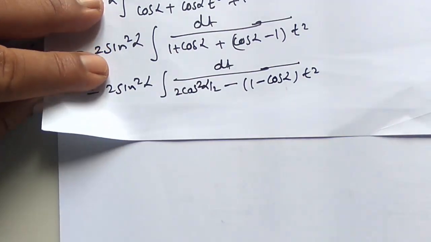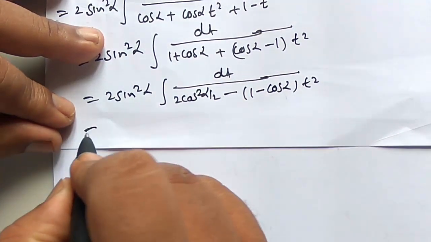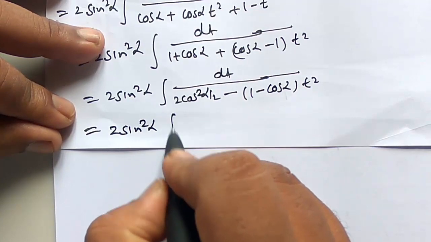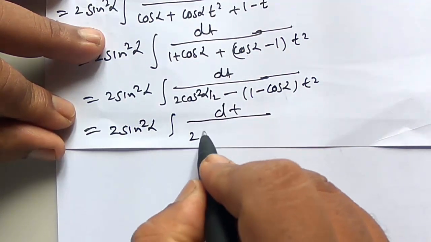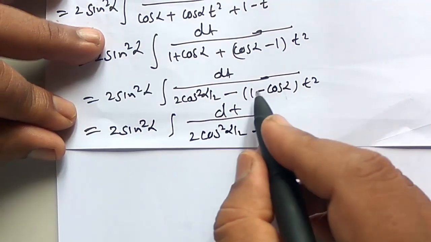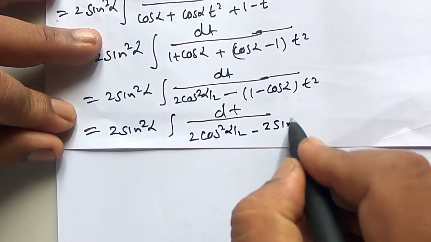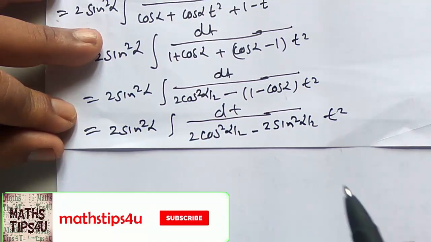Therefore, this is equal to 2 sin square alpha integration dt upon 2 cos square alpha by 2 minus (1 minus cos alpha) t square, which is 2 sin square alpha by 2 into t square.